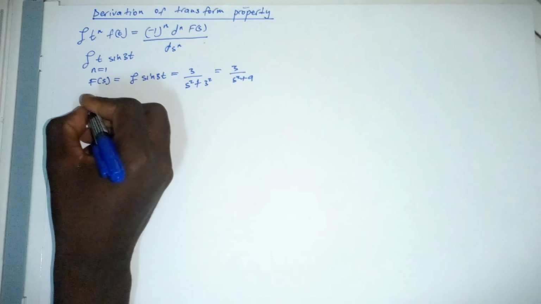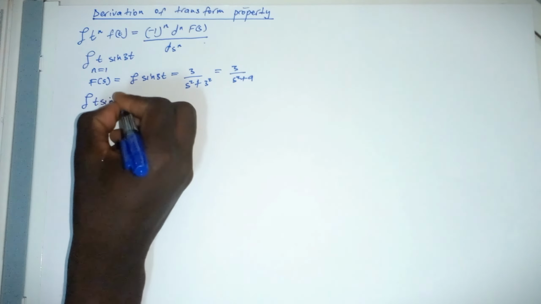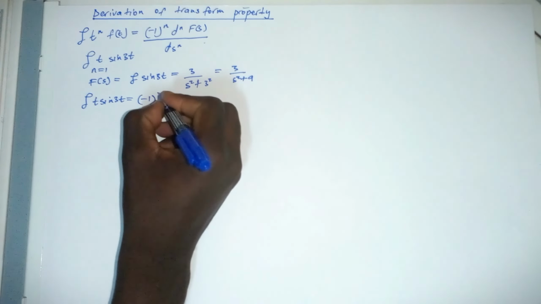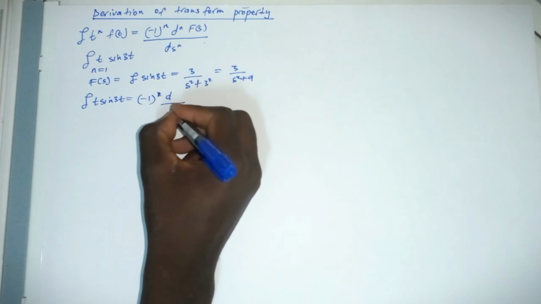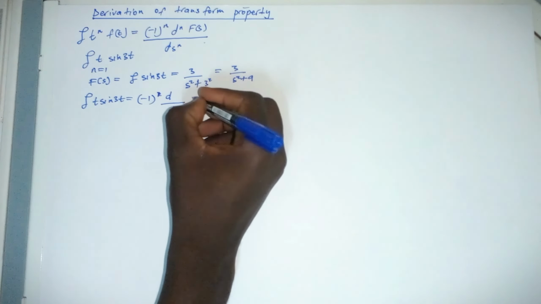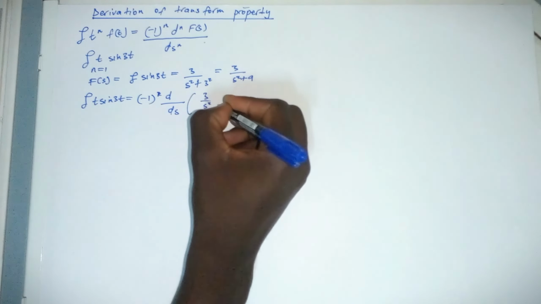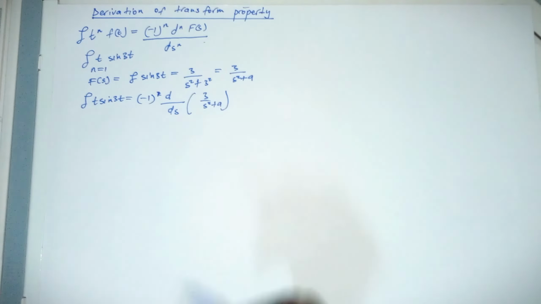So I'm going to write Laplace transform of t sine 3t is going to be negative 1 to the power 1 d/ds of F(s). What is F(s)? Which is 3 over s squared plus 9. Okay, and we want to differentiate here with respect to s.